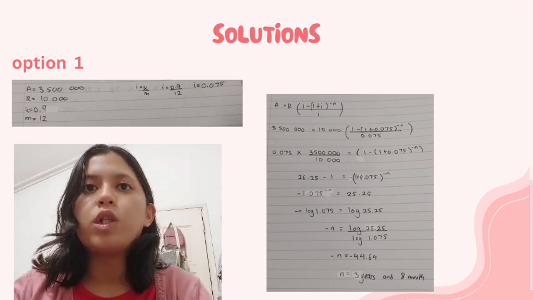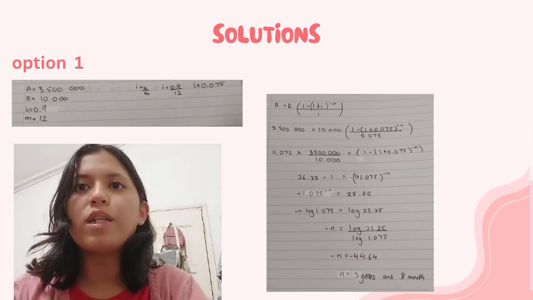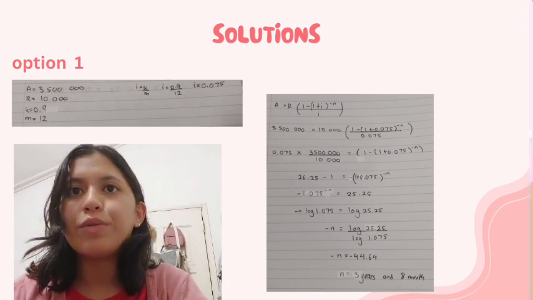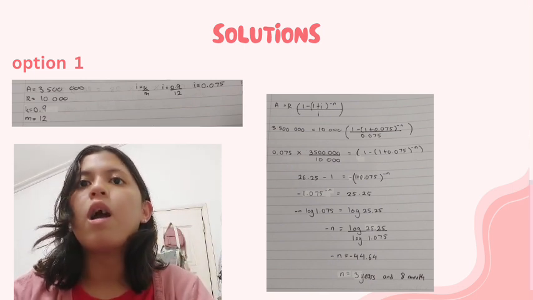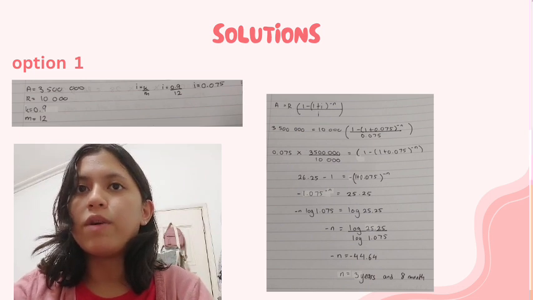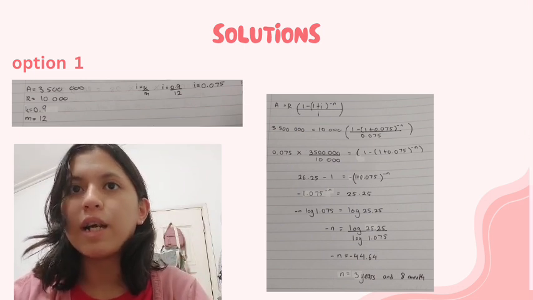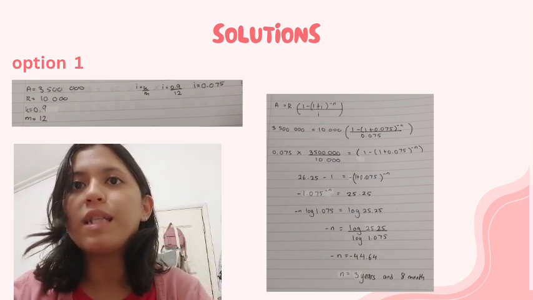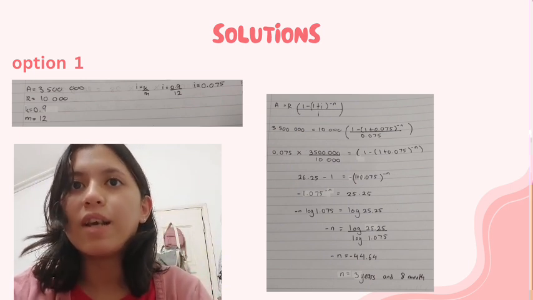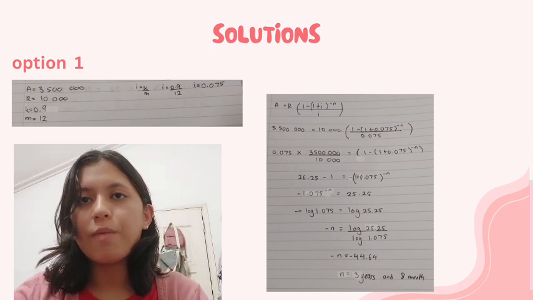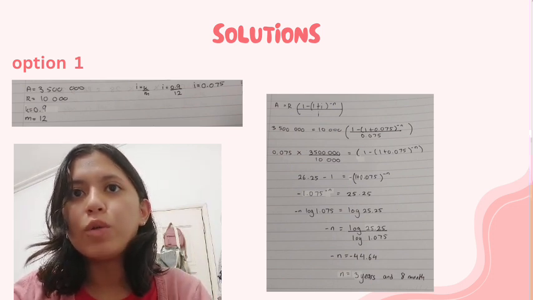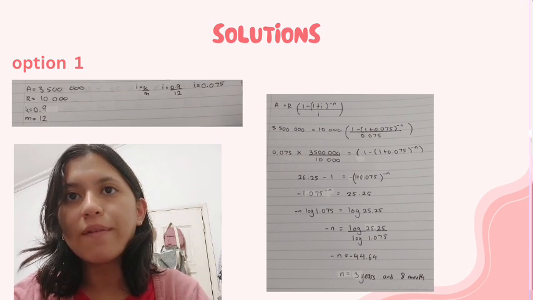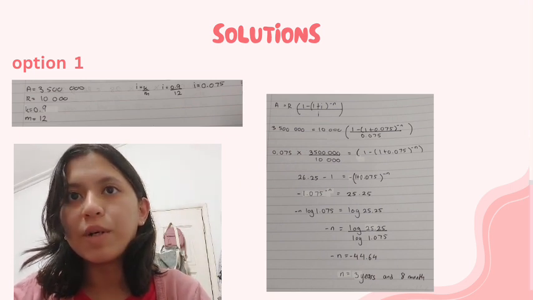So 26.25 minus 1 equals negative, because we bring the 1 over, so the negative is still there on the other side, bracket 1 plus 0.075 bracket negative n. Now, we simplify 1 plus 0.075 to make our calculation much easier.